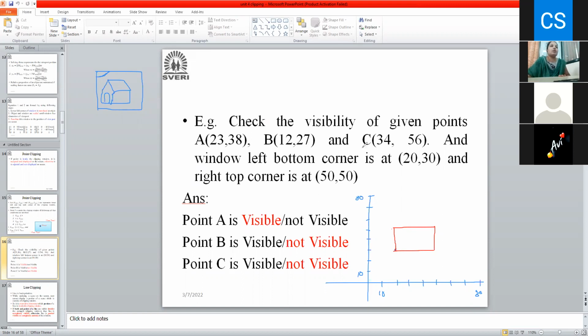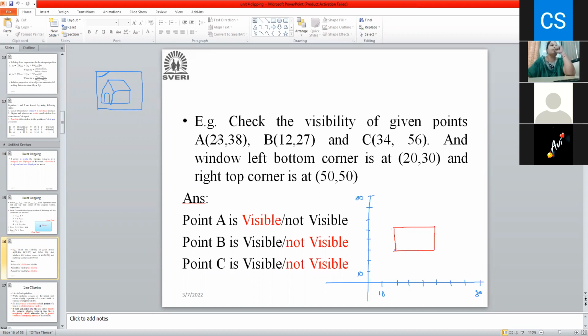So the window is with us now. Now we are going to plot A, B, C points and we will check, depending upon the coordinates, whether they lie inside or outside. So here 23, 38. So what is the condition for the point to be inside? Its x value should be in between x min and x max value, and y value is also in between y min and y max value.